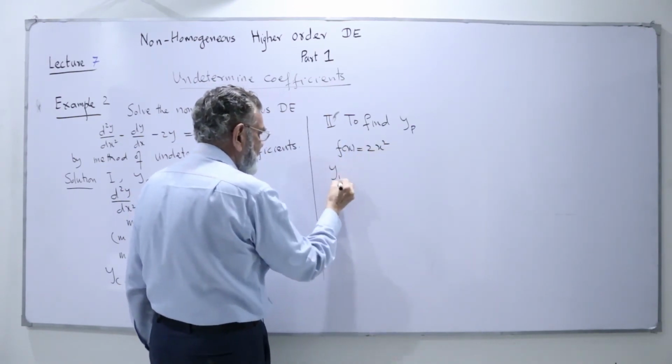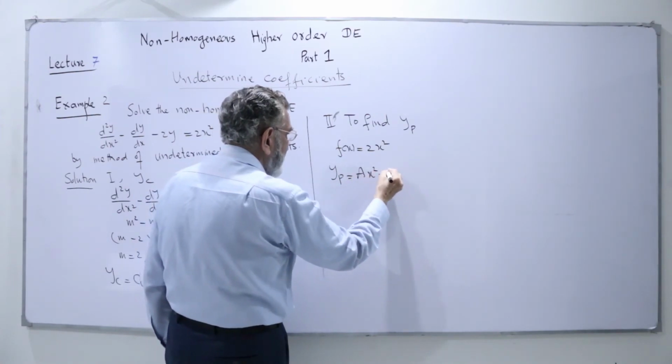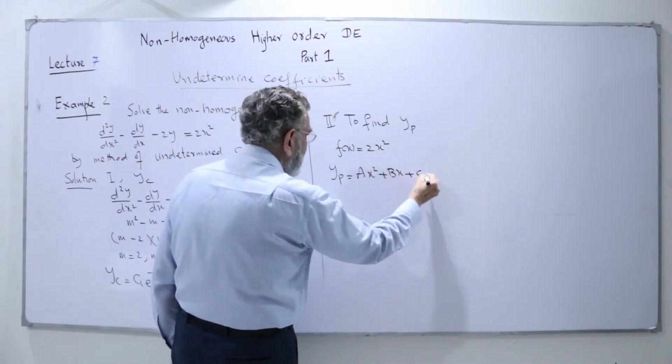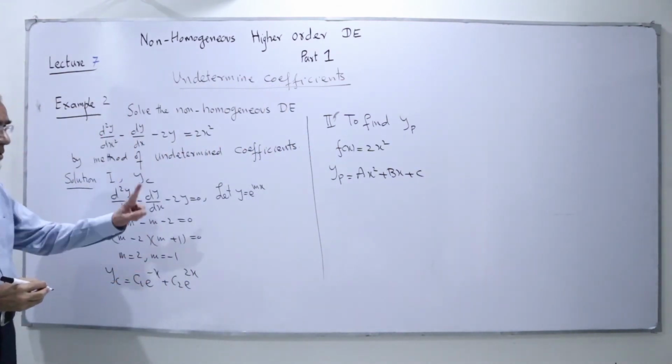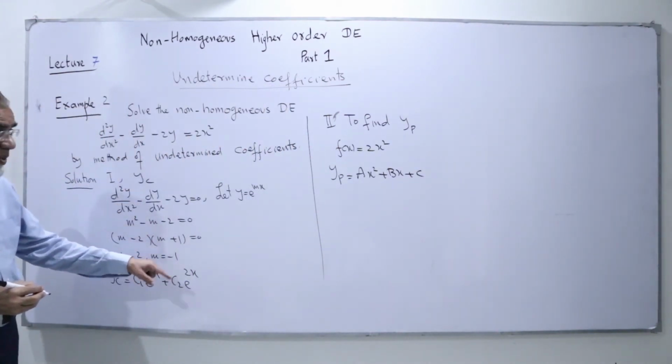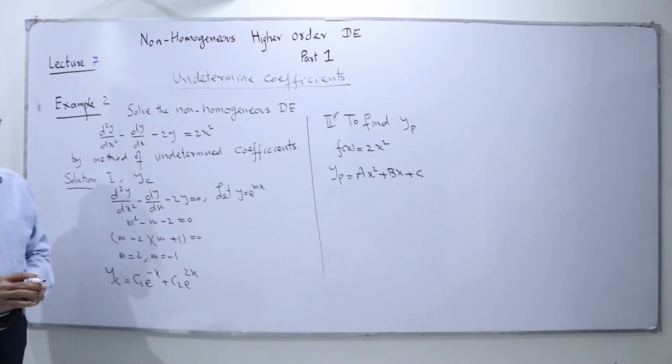So my yp in general is a polynomial function of degree 2, ax square plus bx plus c. We check with the yc. We find c1 e to power minus x, no minus x there. c2 e to power 2x, there is no term which is repeating. So we don't need any modification.